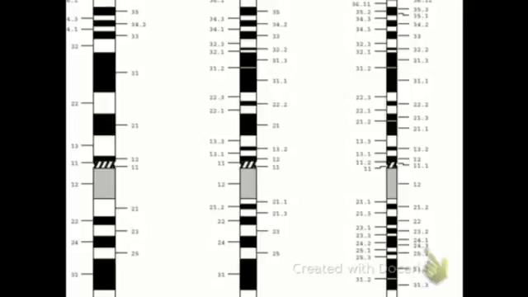And then those bands are divided into subbands, and these are all represented by numbers. So the first band could be 22, and then subbands of 22 would be 22.1, 22.2, 22.3. As the magnification increases from the band to the subband, you add a decimal. That way you can tell which band is which.